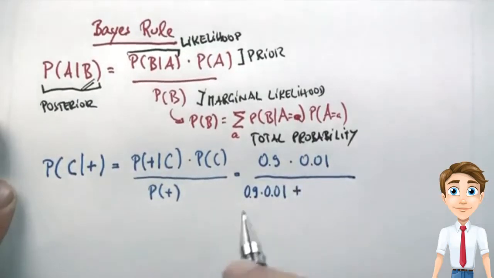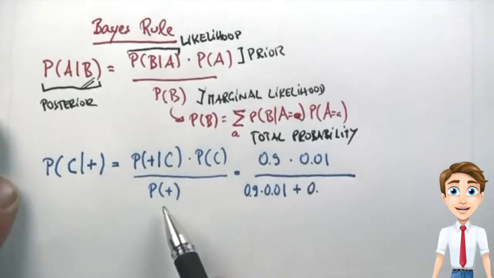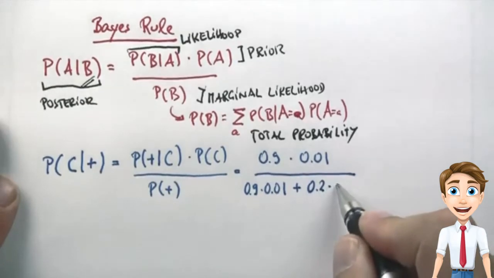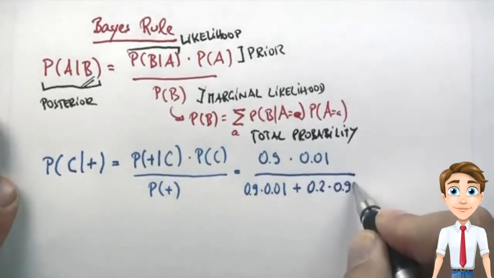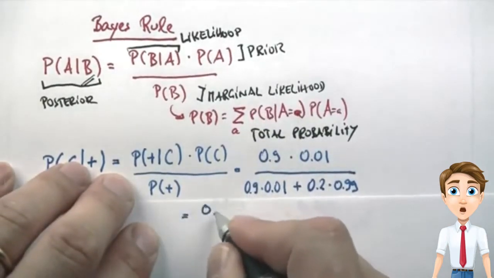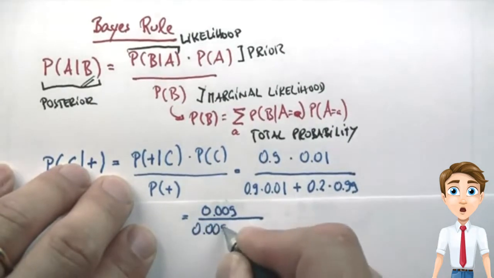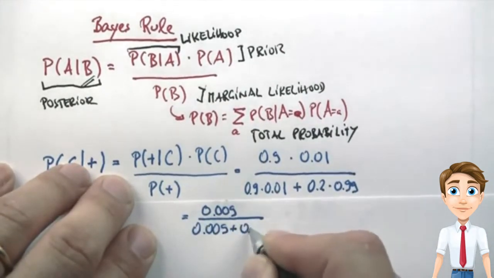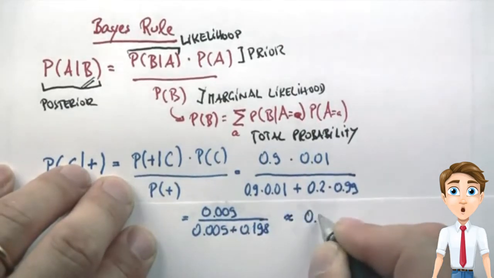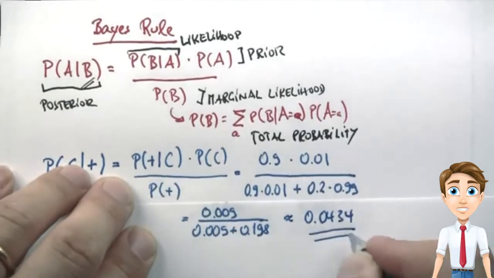That's the probability of plus given that we do have cancer. So the probability of plus given that we don't have cancer is 0.2, but the prior here is 0.99. If we plug in the numbers we know about, we get 0.009 over 0.009 plus 0.198. That is approximately 0.0434, which is the number we saw before.